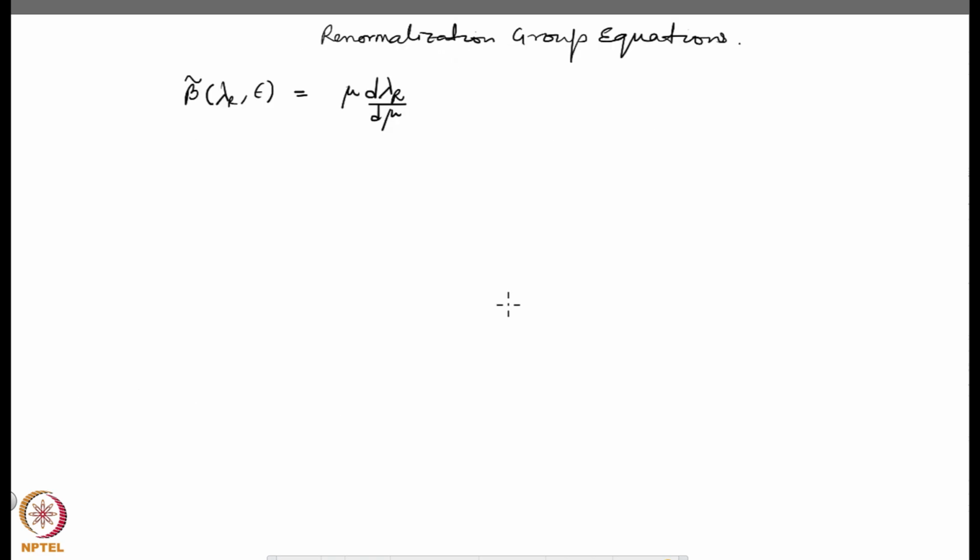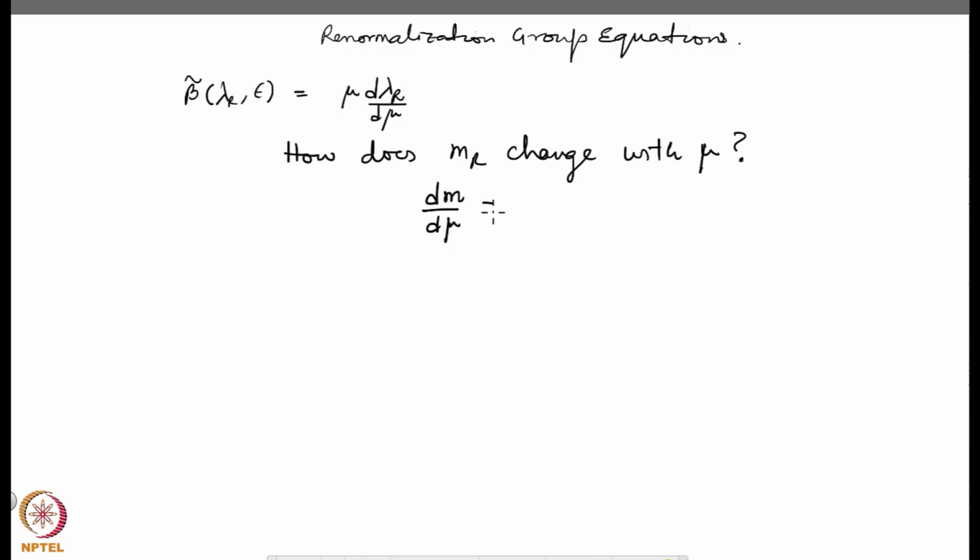Let's go to the question of how m_R changes with mu. And you already know why we are doing this. So as before, we want to keep the bare mass parameter fixed as I change mu, meaning this derivative should be 0.